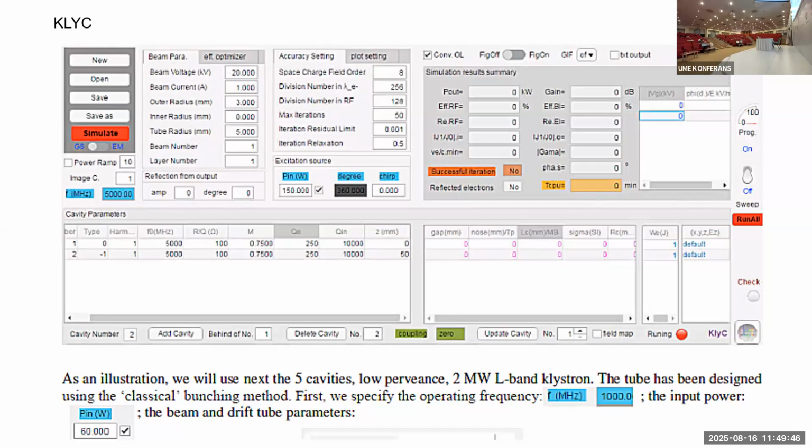Beam current, outer radius: this is the beam outer radius. It means if you use a hollow electron beam, the middle side is empty.